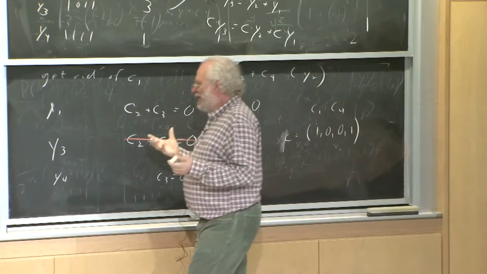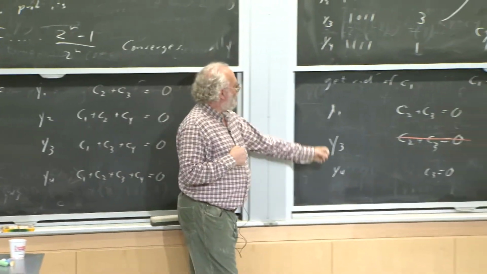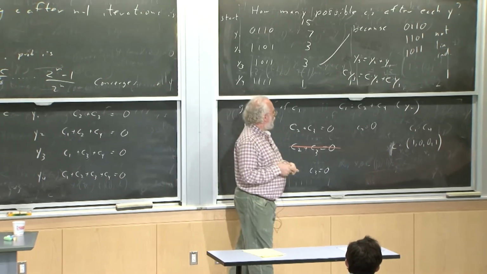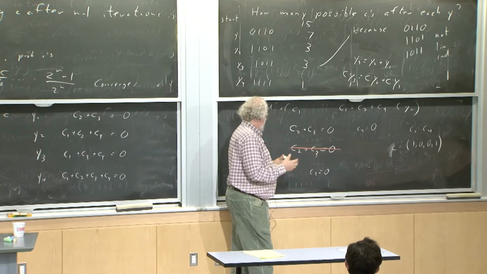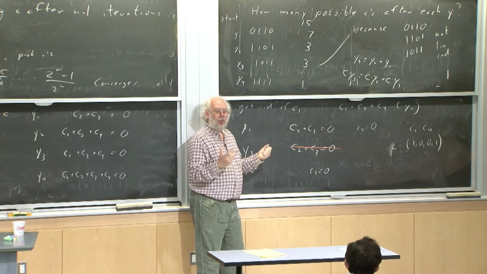So what are we doing? Well, assuming all the y_i's are independent, we're eliminating one variable at each step. So we start with, I guess, n minus 1 equations and n variables.